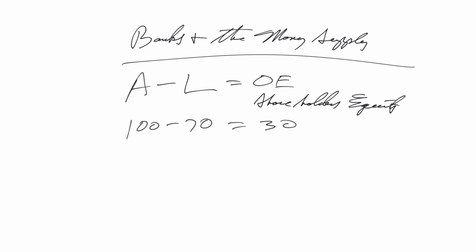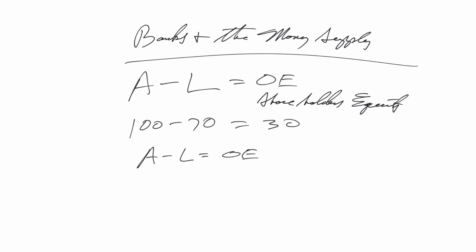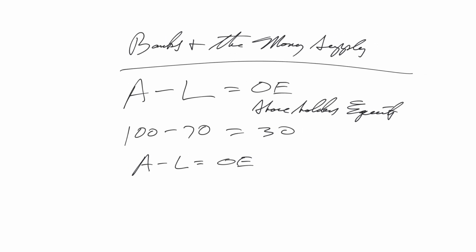Now that's probably the most intuitive way to look at a balance sheet, or in this case, an equation of the balance sheet. But another way we often see it is this way. If we add liabilities to both sides, it cancels out on one side, and we get assets equal liabilities plus owner's equity.